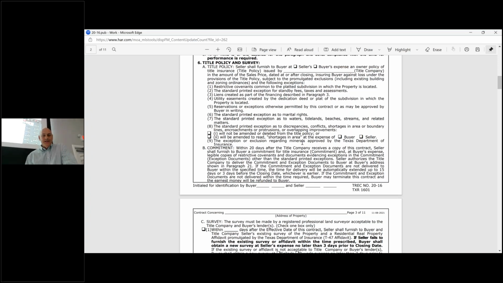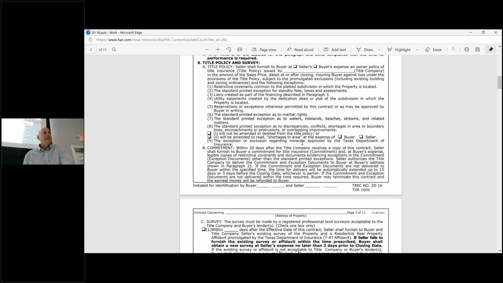The standard printed exception as to discrepancies, conflicts, shortages in area, or boundary lines, encroachments, or protrusions, or overlapping improvements, and now you have 2 options to finish that sentence: will not be amended or deleted from the title policy. That's an option. Or will be amended to read shortages in area at the expense of the buyer or seller.